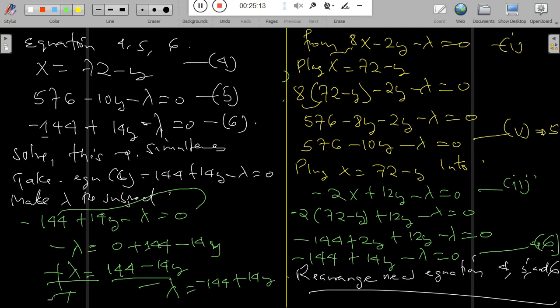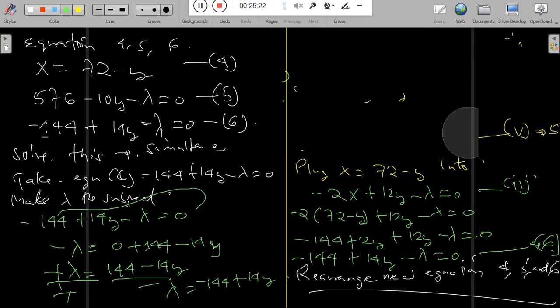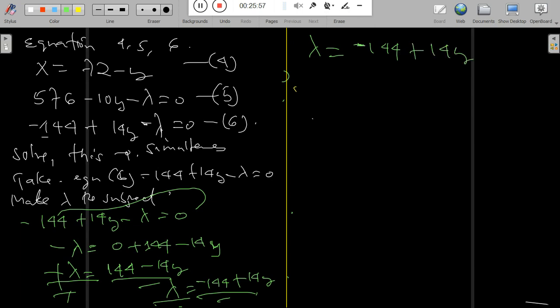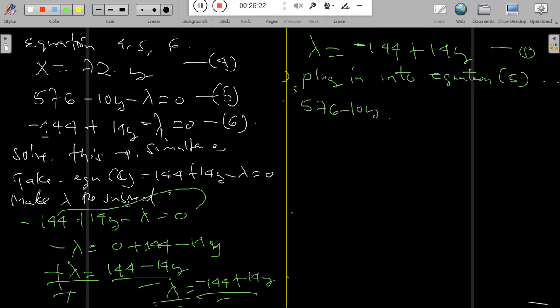Also, we take lambda and plug it into the 5th equation, that is 576 minus 10y minus lambda. Given lambda is negative 144 plus 14y, we plug it into the 5th equation. So this will be 576 minus 10y minus lambda equal to 0.